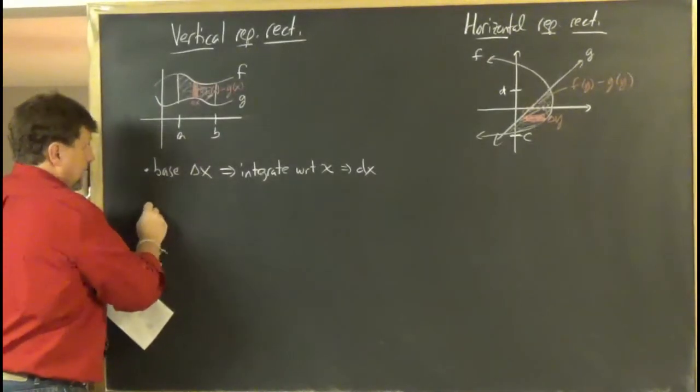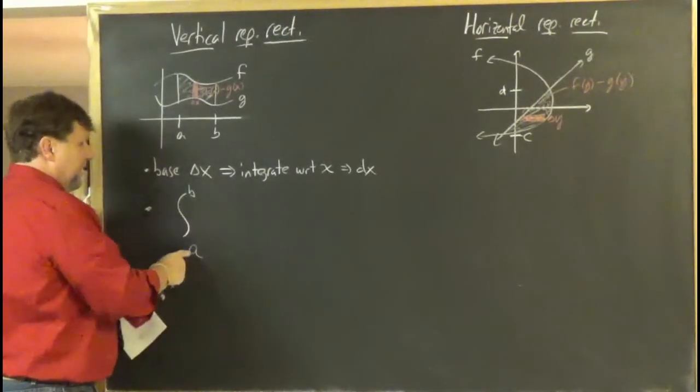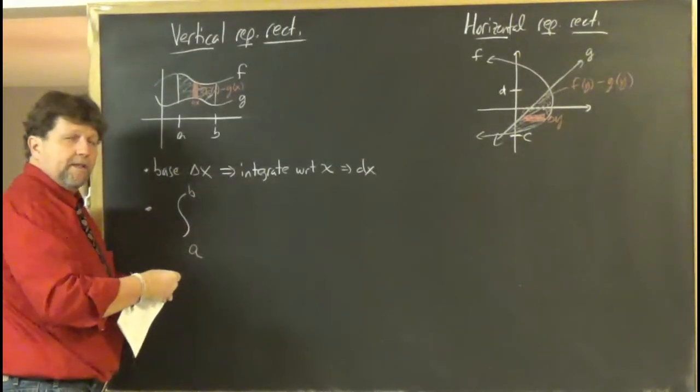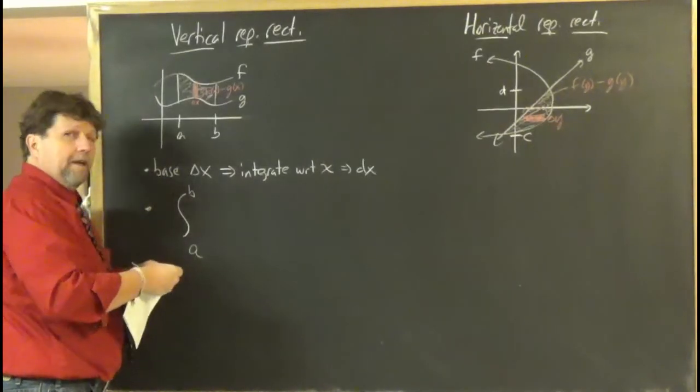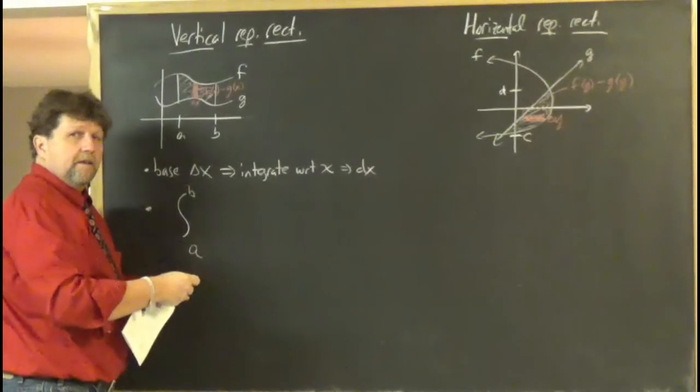In general, you're going to integrate from a to b. These will be x coordinates. Here it would be f of x minus g of x.